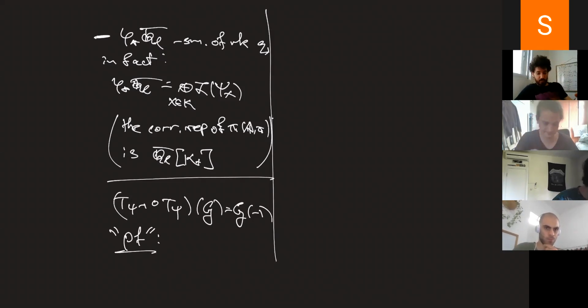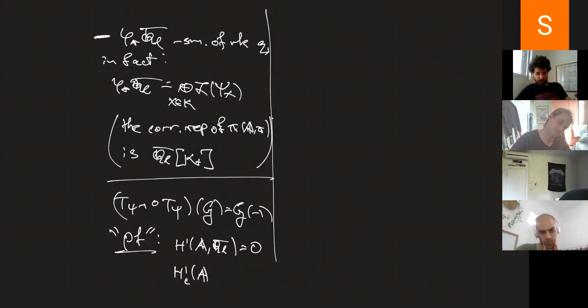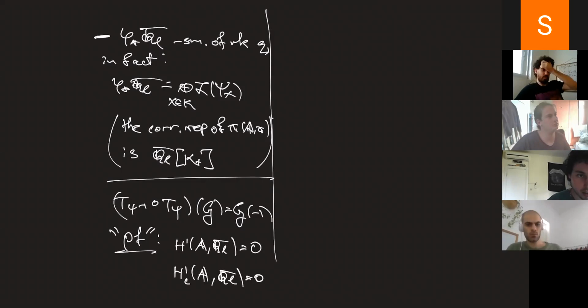The first thing to notice is that we know that the computation that maybe should have been done at some point in this workshop is that this is 0 and that this is 0. I'm not going to prove this now, I'm just going to black box this. This might sound believable if you're familiar with the ordinary topology on the complex numbers and believe very strongly that the etale cohomology should imitate Betti cohomology or whatever.